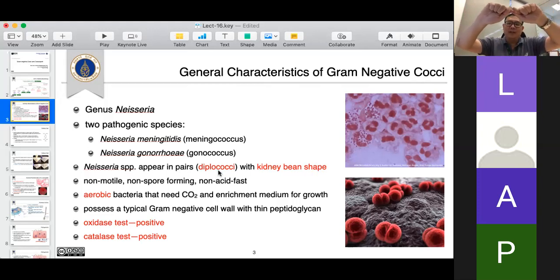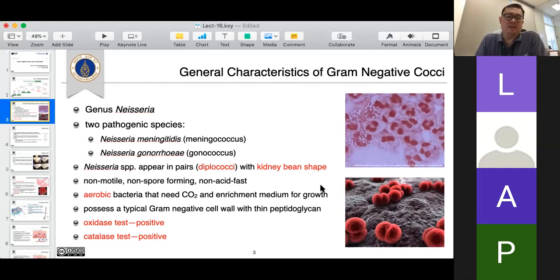Pneumoniae are diplococci pole to pole, lancet shape attached. But diplococci in gram-negative kind of attach on the long side. Some people say the shape is like a kidney bean or coffee bean. Okay, it looks like a coffee bean.